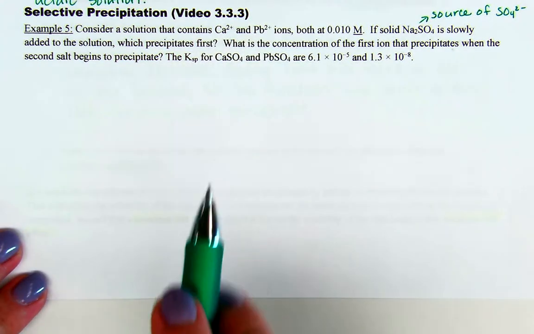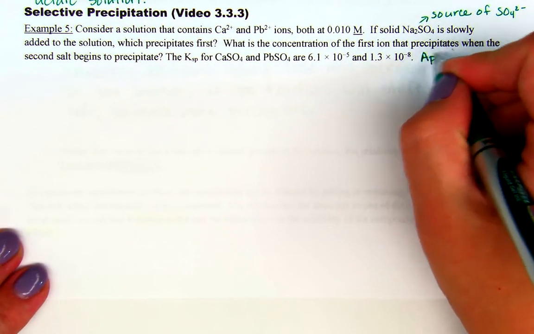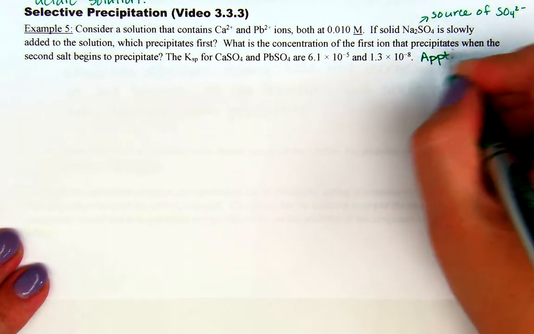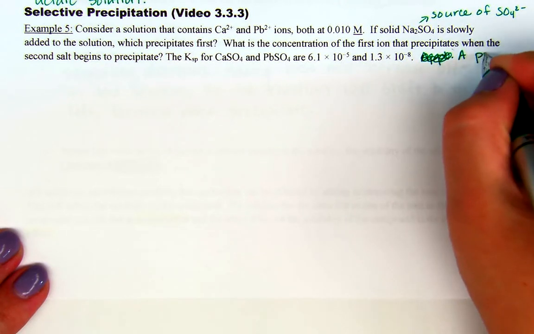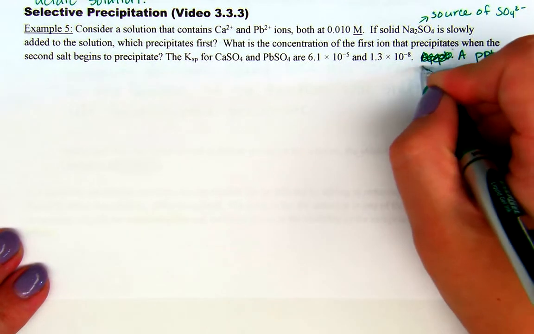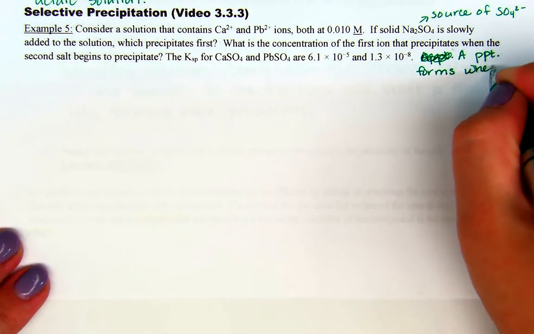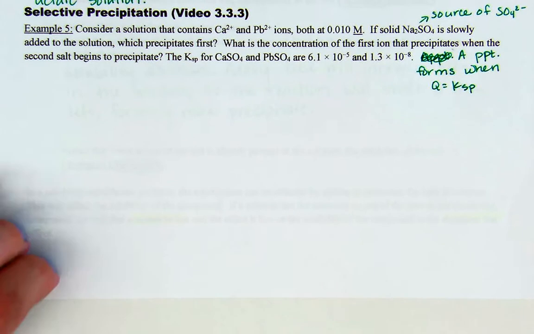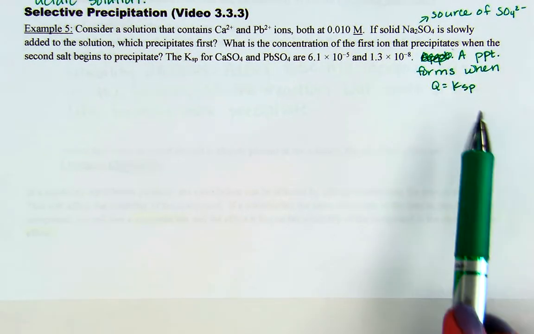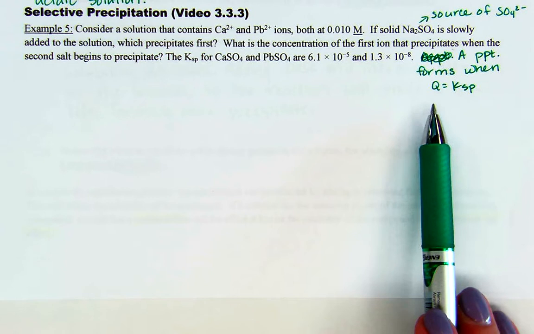So one thing that we need to know is a precipitate forms when Q equals KSP. So that means when you finally hit the KSP, you're going to start getting a precipitate forming.